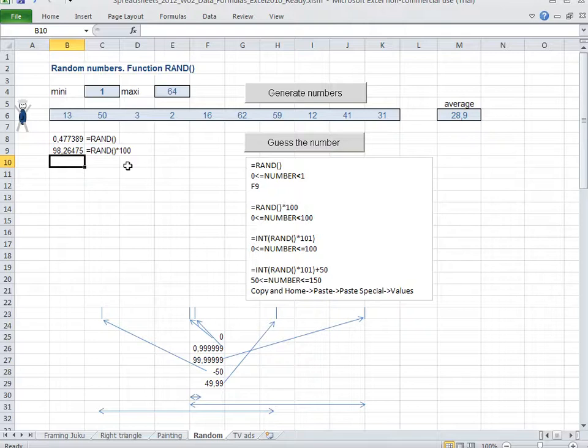This goes like this: equals RAND parenthesis, and by the way, we forgot to say that RAND doesn't have anything in its parentheses either, because it always gives you a random number with the same system. And now we still multiply it with 100, which puts it in the range of 0 to 99,99. Remember, never 100, because RAND never gave us the number 1.